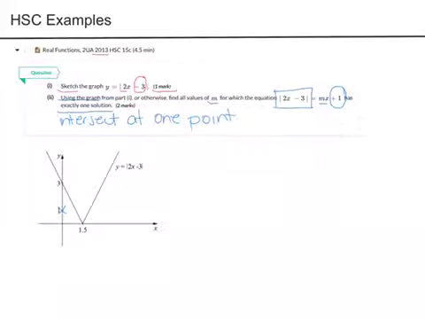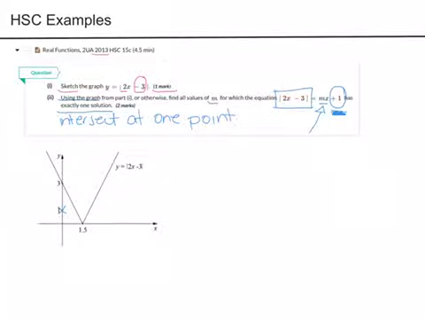Our line must always go through the y-intercept of positive 1. So for any gradient we're considering, we're drawing lines that must cross through that point and just changing the steepness to allow this new line that we're drawing to only cross that absolute value function at one point.